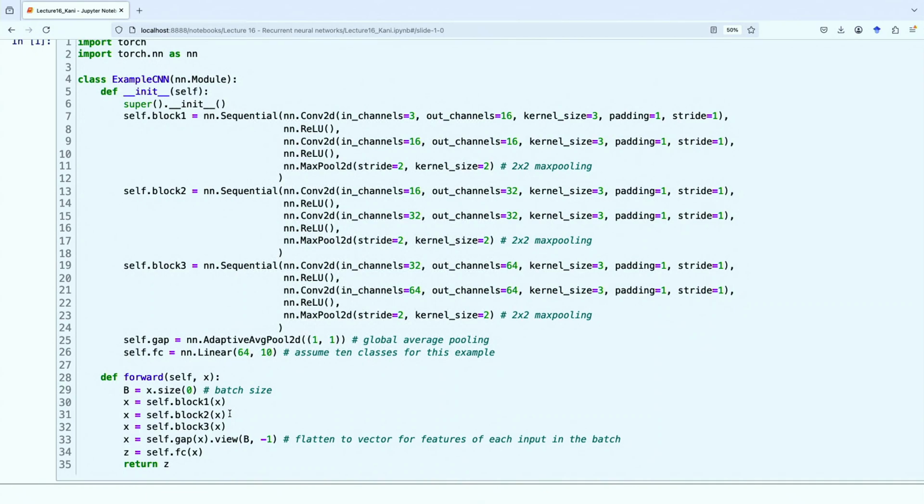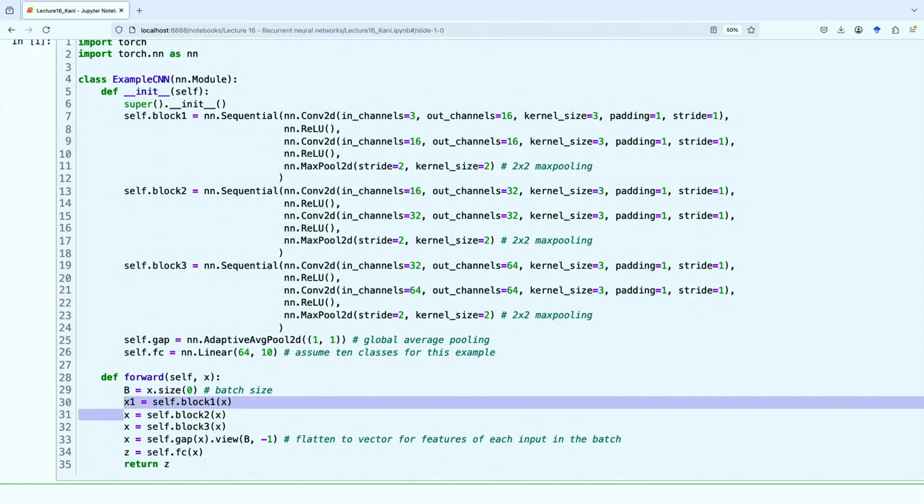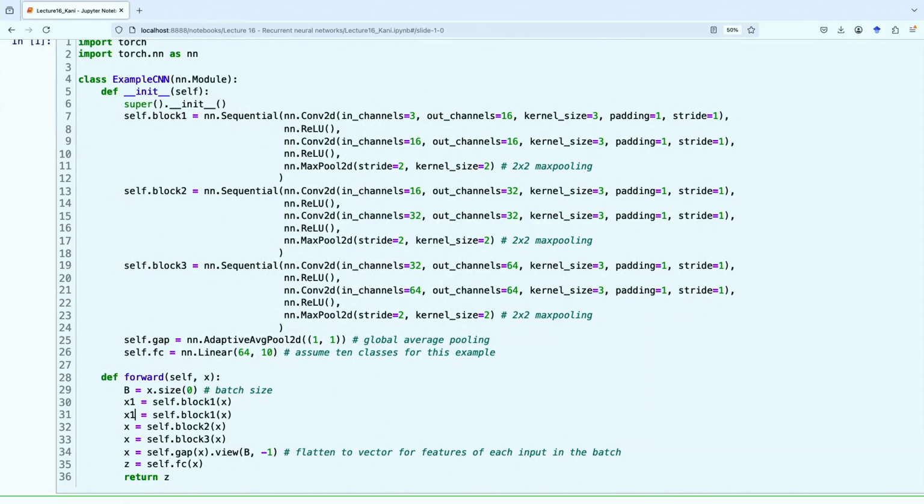To a certain degree. What's very useful also is that, for instance, if you wanted 2 blocks to operate in parallel, if you wanted 2 of block 1 to operate in parallel, you would simply say x1 equals block 1 of x, and then something like x2 equals block 1 of x, and then for block 2, you would pass in x1, comma, x2, right?